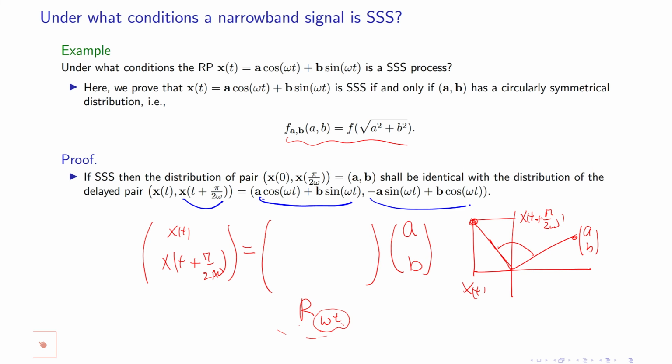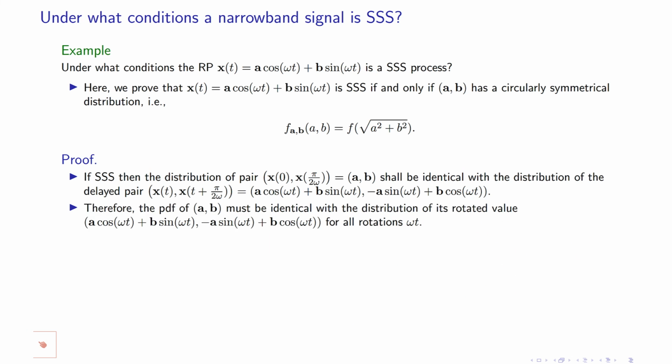Based on what we have learned in previous chapters, the distribution of this and the distribution of that are the same, and vice versa. Therefore, the PDF of AB must be identical with the distribution of its rotated value, for all rotations.